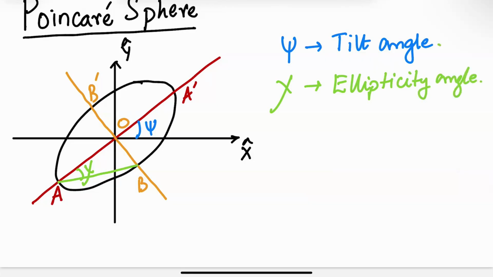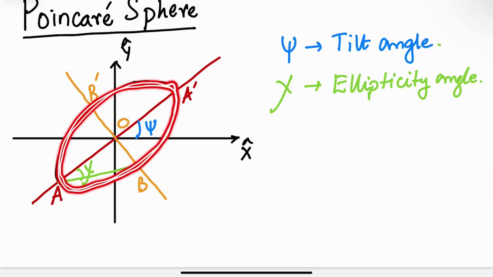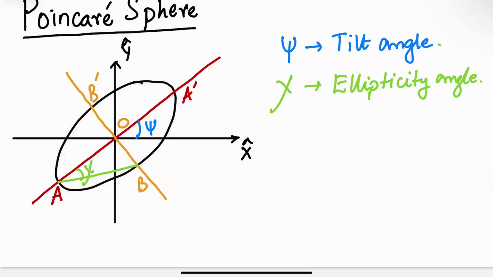So let's assume that this ellipse is some size. You can describe the orientation of the polarization vector. Let's say the vector itself is rotating like this. The tip of the electric field is tracing out this ellipse, so in general it's an ellipse.